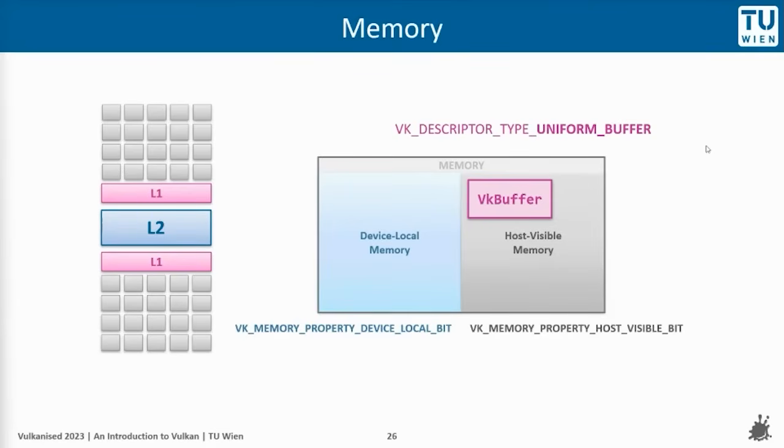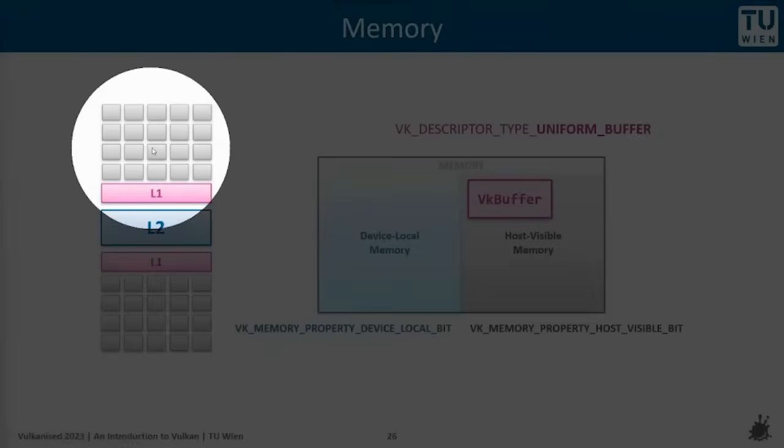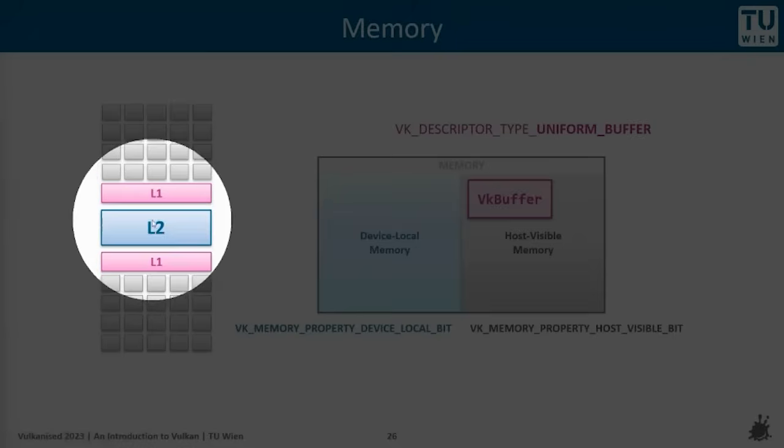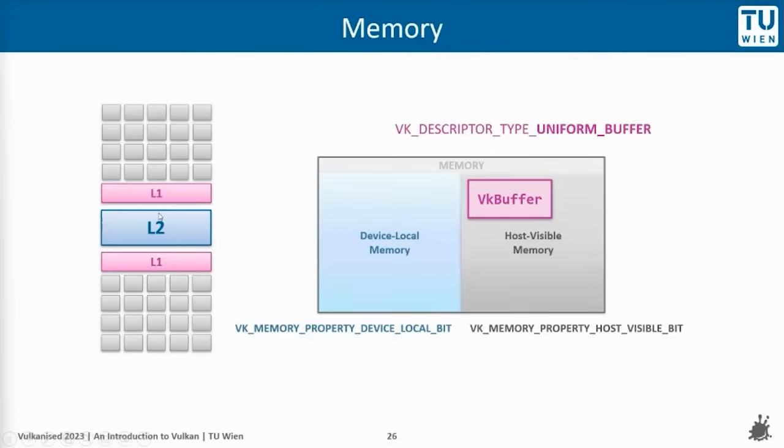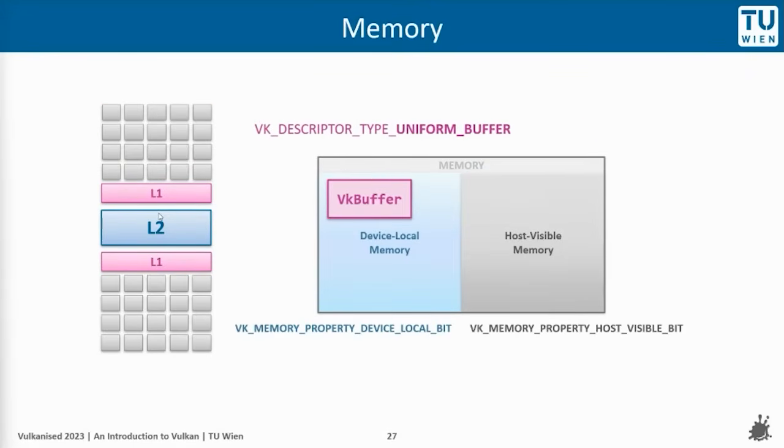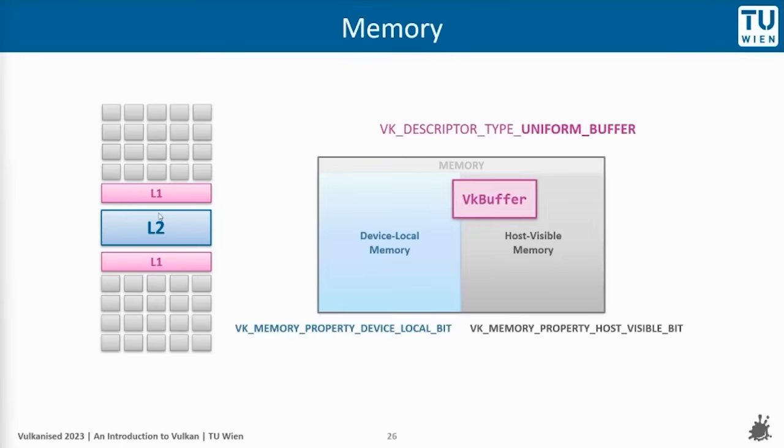These boxes represent the many cores of your GPU, and these are the level 2 and level 1 caches of your GPU. Whenever we access memory, that memory must be read into the level 2 cache of your GPU before it can be further transferred into the level 1 caches and used by the cores of your GPU for processing. So just keep that memory transfer in mind.